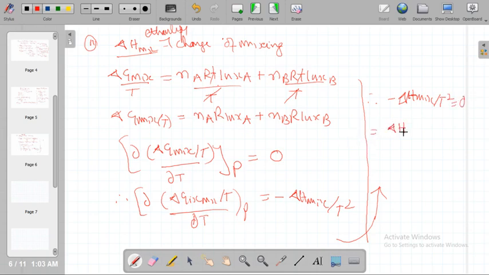Therefore, enthalpy of mixing equals 0. So this is how the enthalpy of mixing in the binary solution becomes 0.